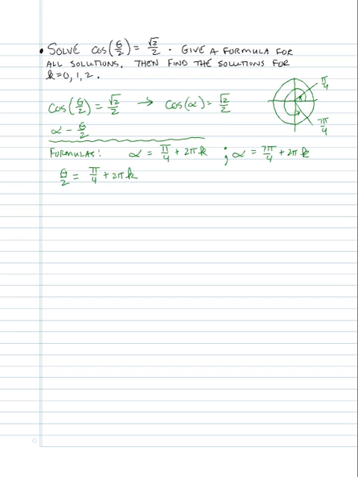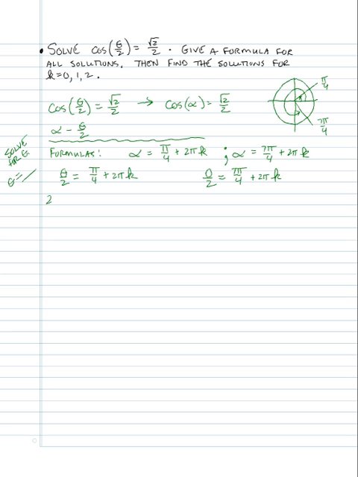And the second formula over here becomes, replacing alpha with what it originally is, theta over 2, theta over 2 is equal to 7 pi over 4 plus 2 pi k. Now, I'm needing to solve for theta. I need it to say theta is equal to. That's what we're trying to do. What values of theta make the equation true?